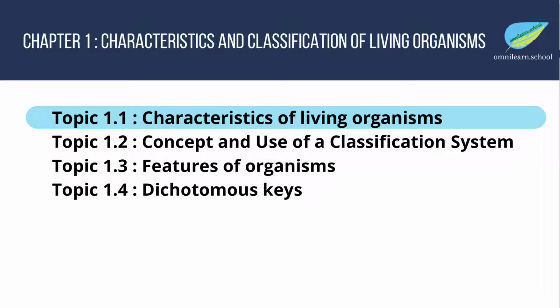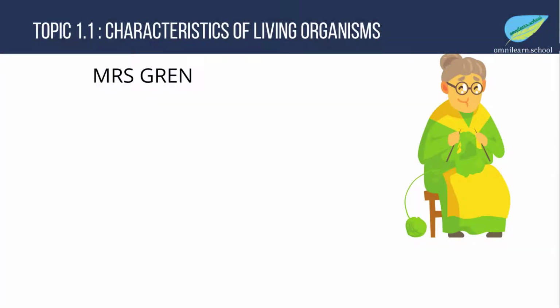There are 4 topics in this chapter, and today in this lesson we are going to learn topic 1.1, which is characteristics of living organisms. In this topic, we are going to learn the 7 characteristics of living organisms.